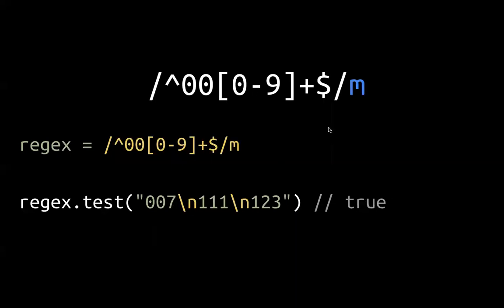But if you add the M, this regular expression will start to match because the $ is now matching this new line, not the end of the string. So again, the M is something you're probably not going to run into that often. There are very few cases where I've needed to use this, and when I have, you're getting really deep into regular expressions, but it's good to know about. You may see it come up.